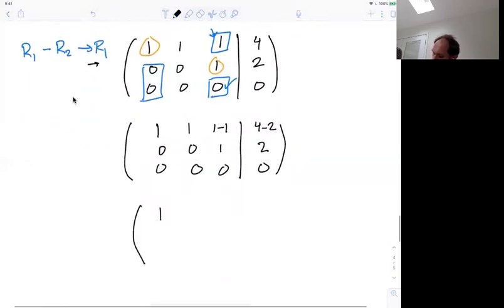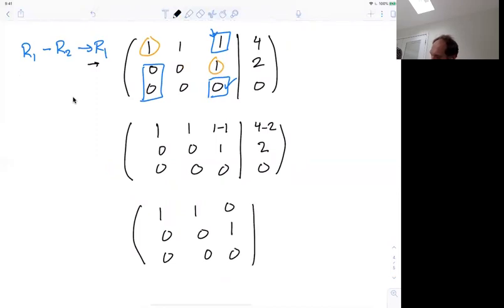And at the end, we're going to get something that looks like this. So this is our kind of final form.